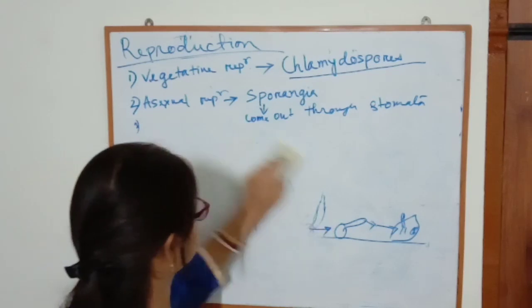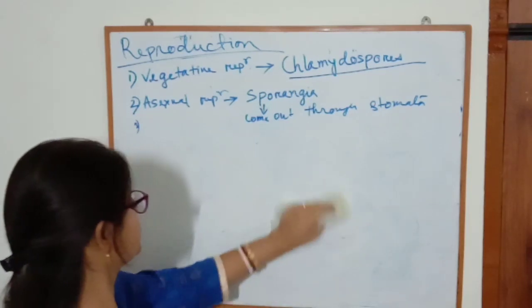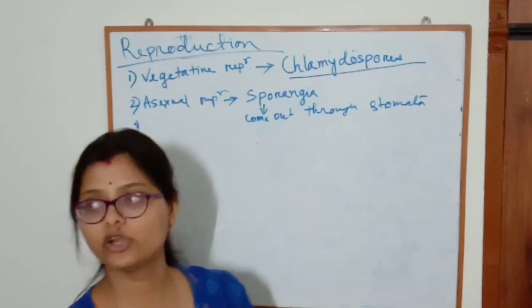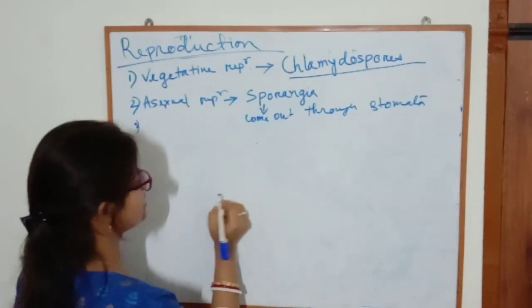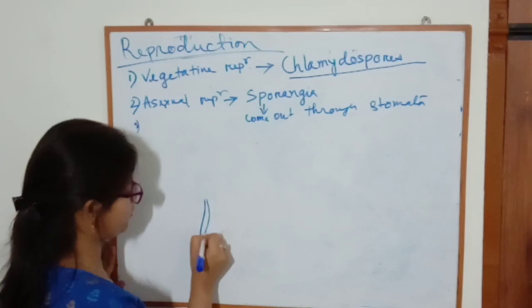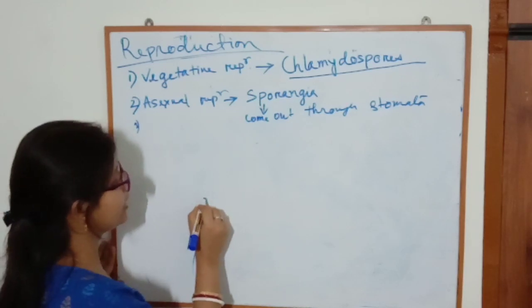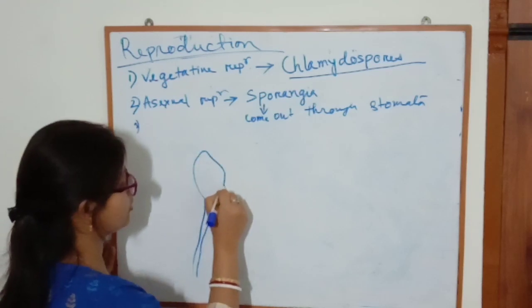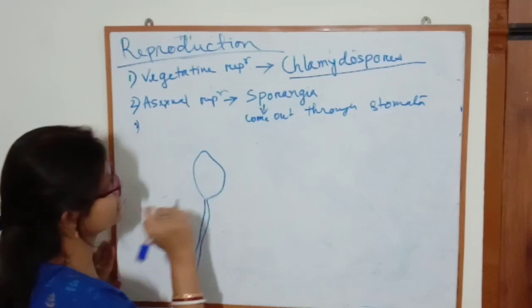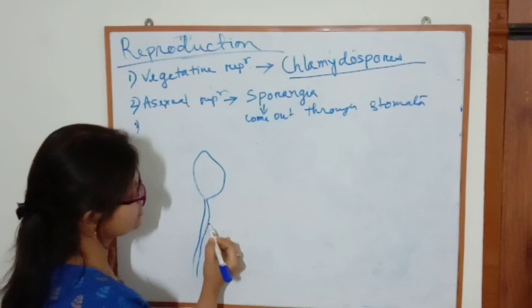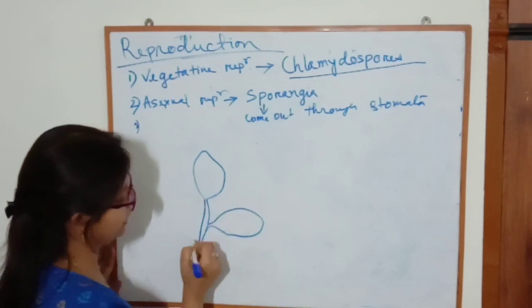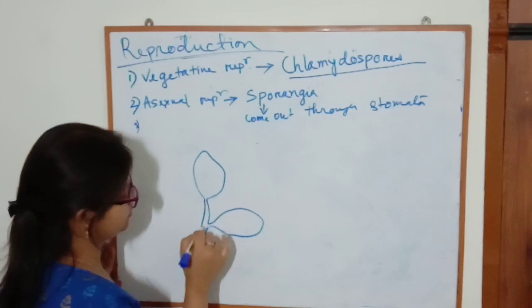After that, asexual reproduction. They reproduce asexually by means of sporangia. So this is the structure of Phytophthora. At the tip of the mycelium, they produce one bag-like or sac-like structure, known as sporangia, or sometimes they produce it laterally.